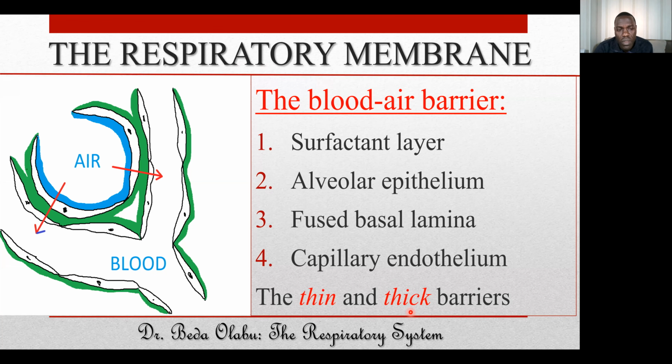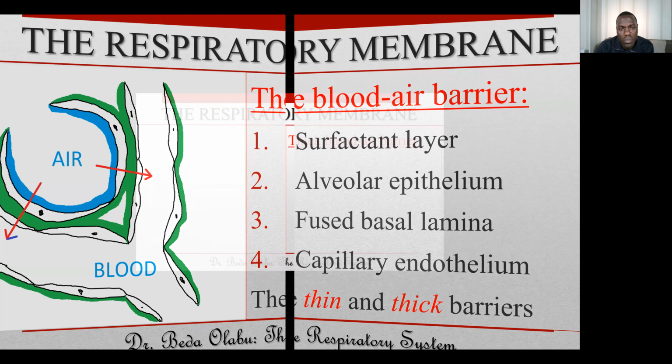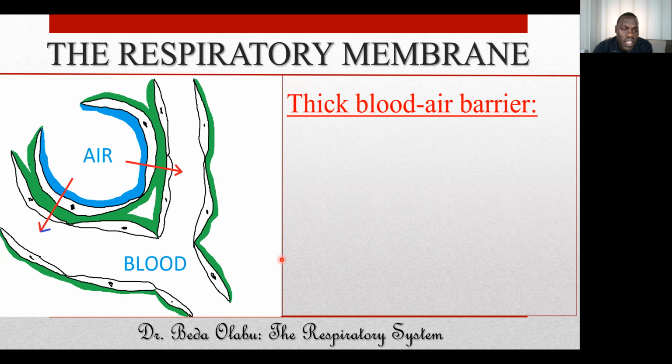What is the thick blood-air barrier and what is its role? So we've seen this as the thin blood-air barrier. Now look at these zones here. Regions where the basal lamina are not fused. The two basal lamina are not fused.